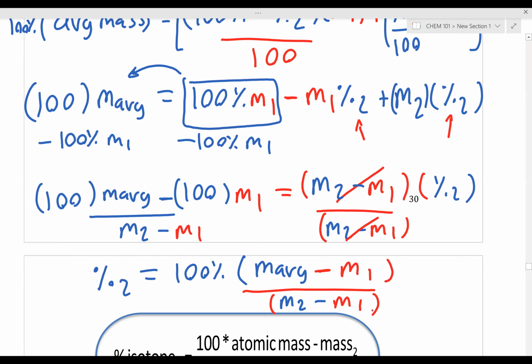So this is our way, given each component isotope mass and the average atomic mass, it allows us to calculate the % abundance of a single isotope.